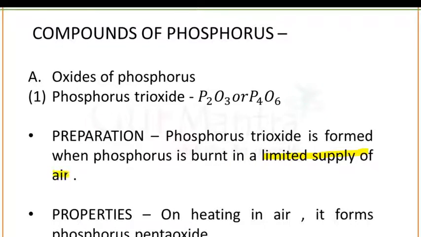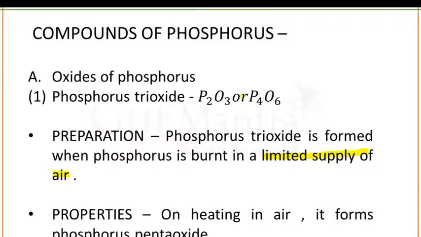And the reaction is P4 plus 3O2 gives P4O6. You have to remember this reaction. I repeat, P4 plus 3O2 will give P4O6. That is your phosphorus trioxide.